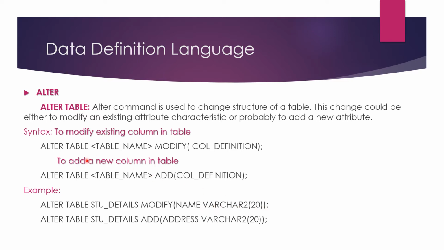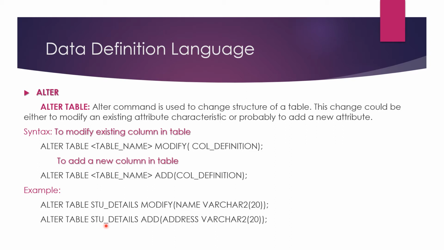The next category is to add a new column in the table. The query starts as alter table, then the table name, then we use the keyword add, and within the parentheses we give the column definition and end the statement with a semicolon.